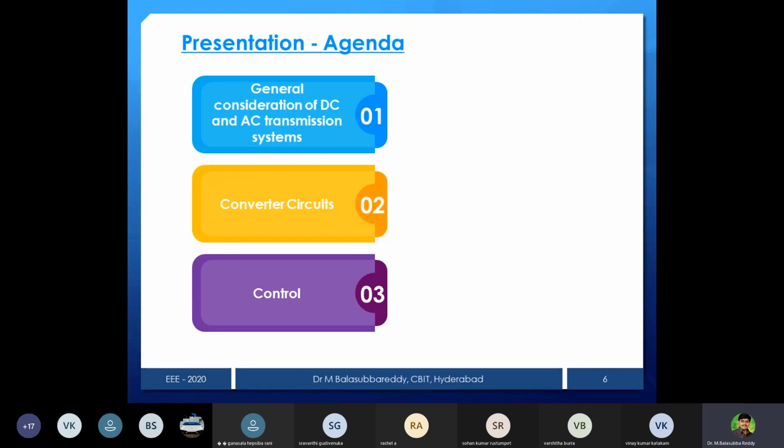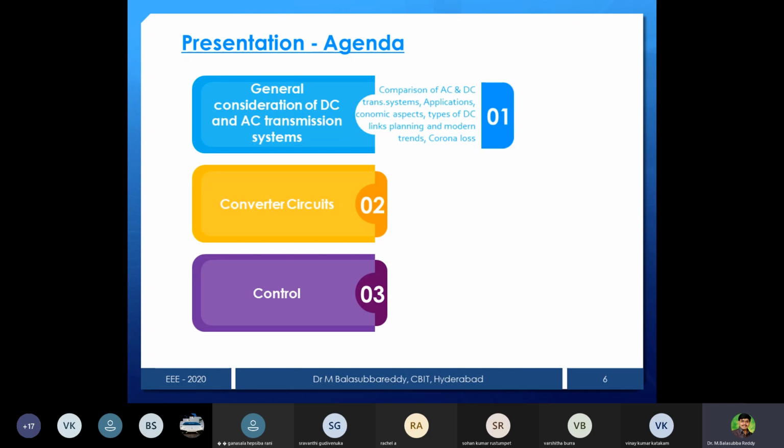Now there is the first unit, general consideration and DC transmission system, that will be divided into subtopics. Comparison of AC and DC transmission is the one major topic. It will come under three subtopics: economics of power transmission, technical performance, and reliability.